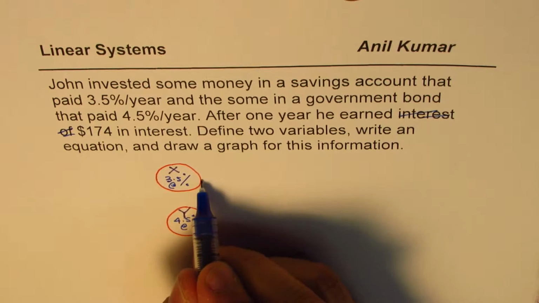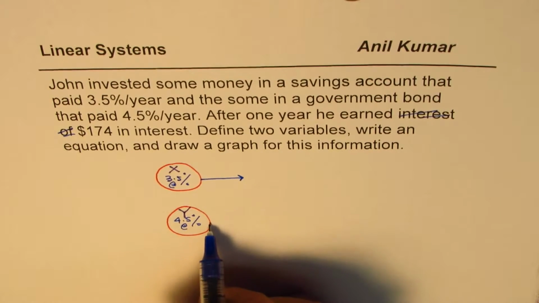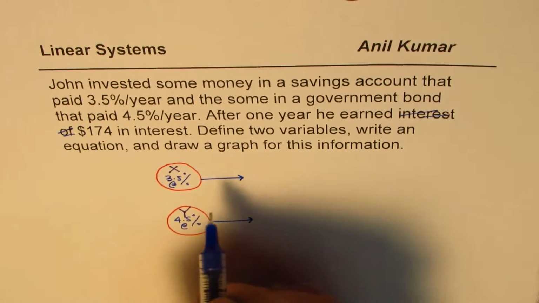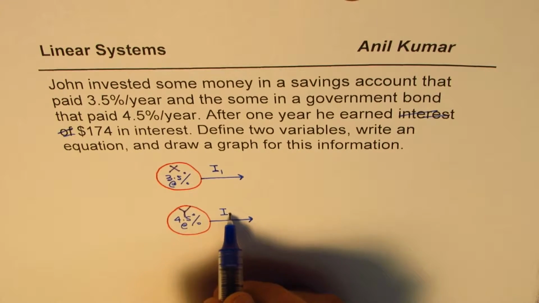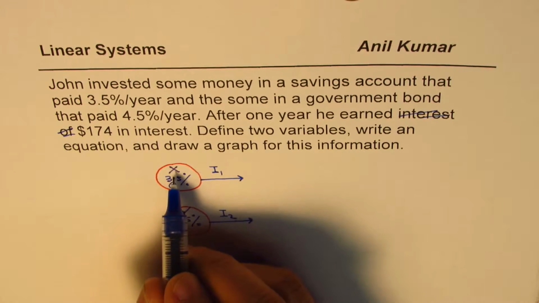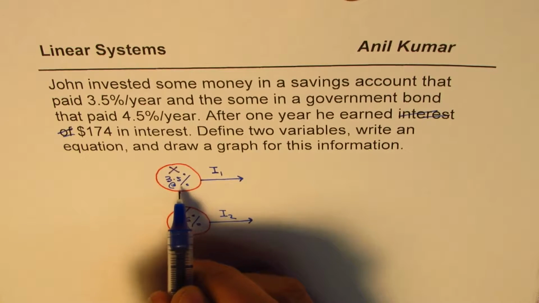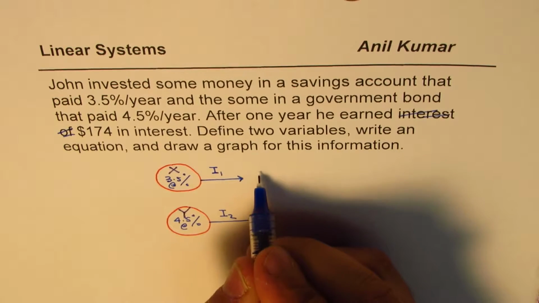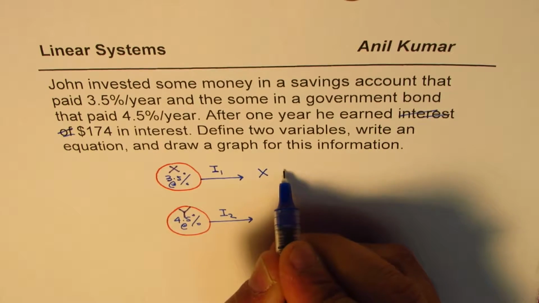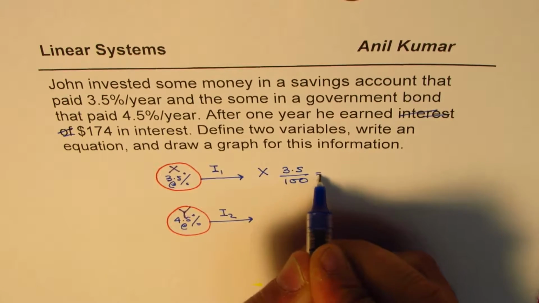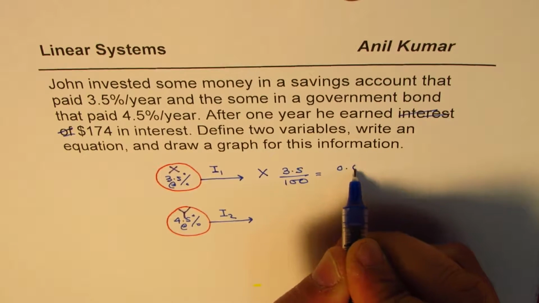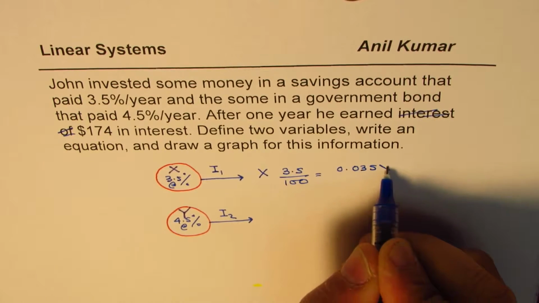Now the outcome of this is interest, correct? So both will give you interest. Let me say this is the first interest, this is the second one. The interest earned will be the amount times the percent rate, right? So it is X times 3.5 over 100, which equals 0.035x.